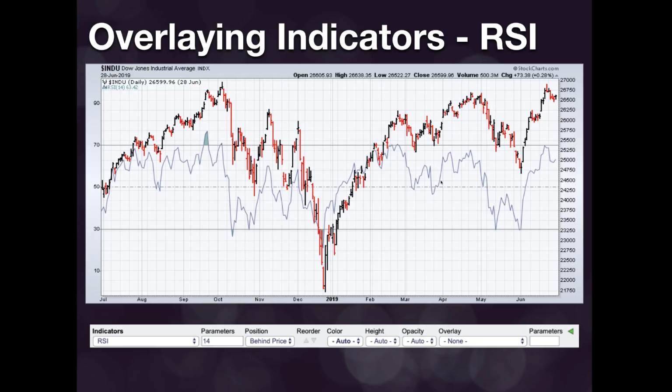When the RSI is going down, is the Dow going down? If they're moving in different directions, that's called a divergence. And that's a very key technical condition that a lot of people look for, where one indicator is moving in one direction and another indicator, or price, is moving in a different direction. So divergences are important. This might help you see those better.